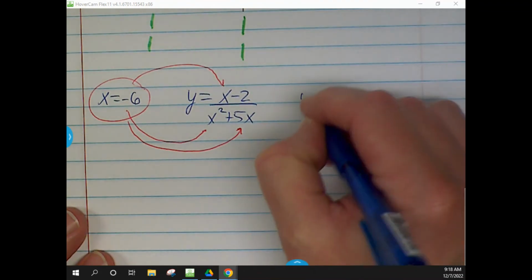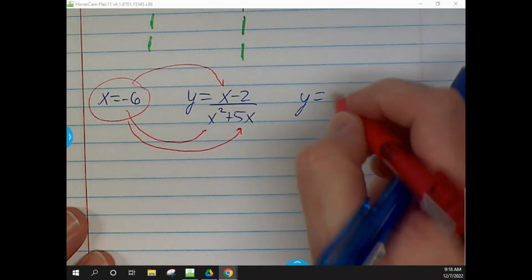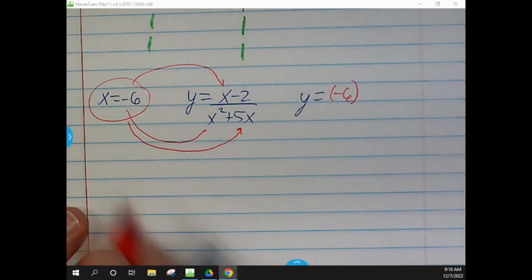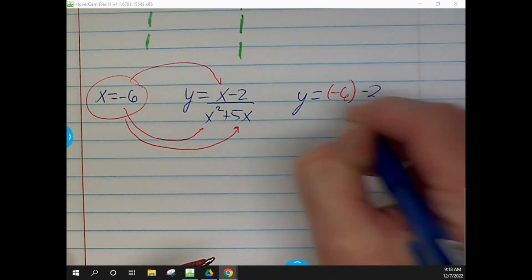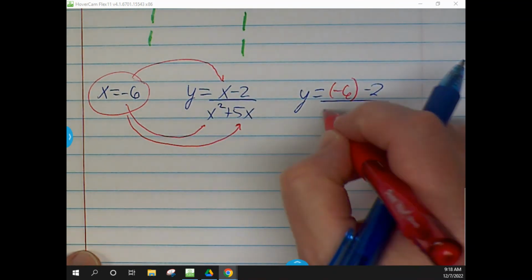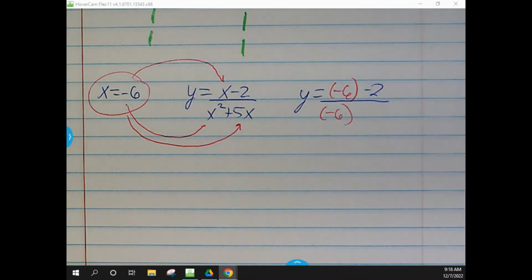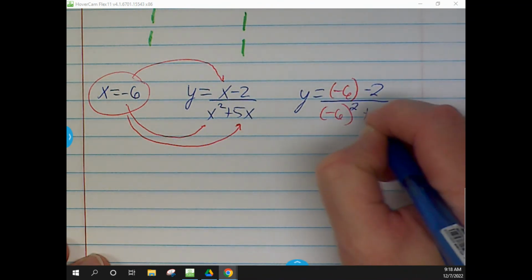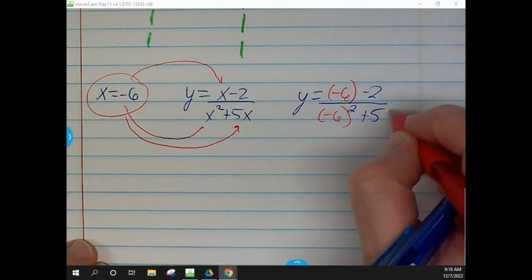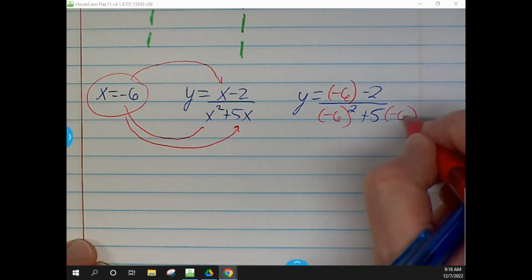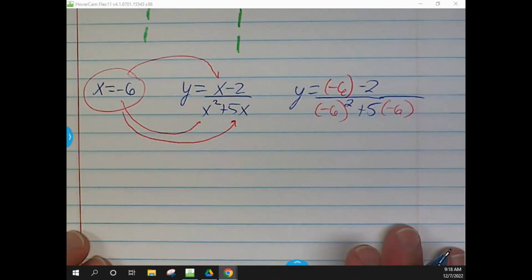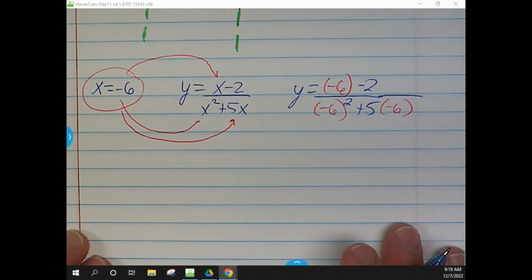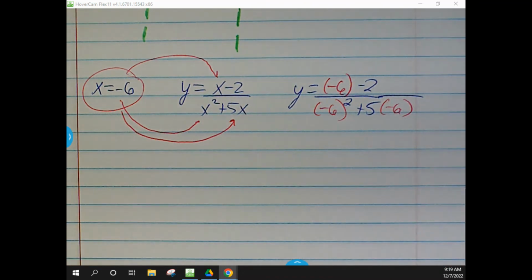All right, so y is equal to (-6), and because it's a negative, I'm going to put it in parentheses so I don't mess anything up when I plug this thing in, over (-6) squared plus 5 times (-6). And if you're one of those people that's bad about messing stuff up, I would say every time you plug in a number, whether it's positive or negative, put it in parentheses because that should make your life a little bit easier. Especially if you're going to use a calculator to evaluate it.